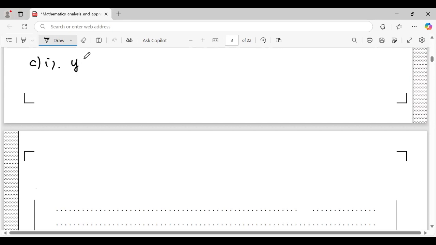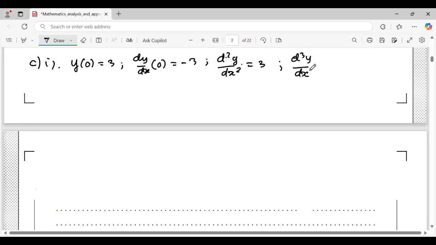So given that y(0) equals 3 and dy/dx when x equals 0, this is y equals 3, this is minus 3 according to our previous solution. And then the second derivative equals 3 and the third derivative equals 9 according to the information.